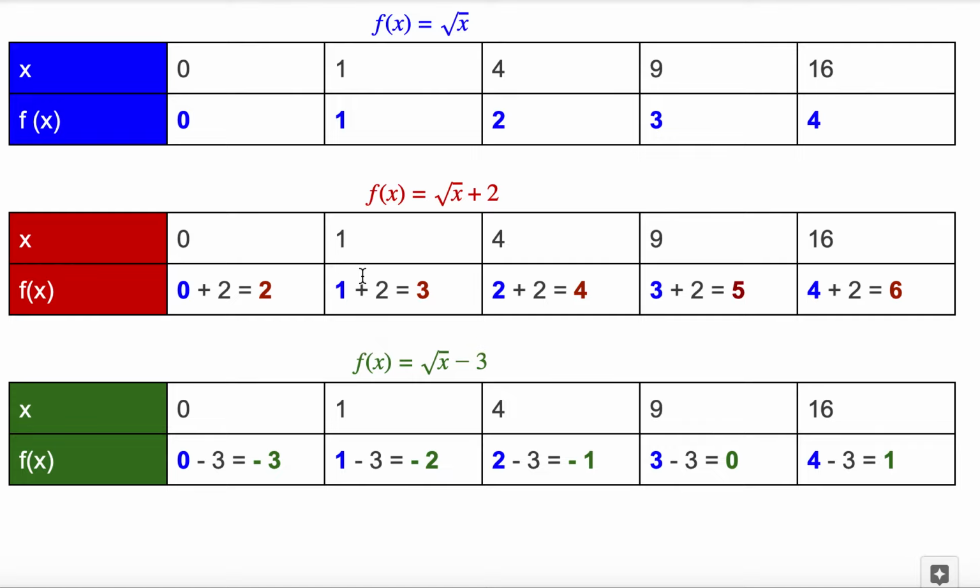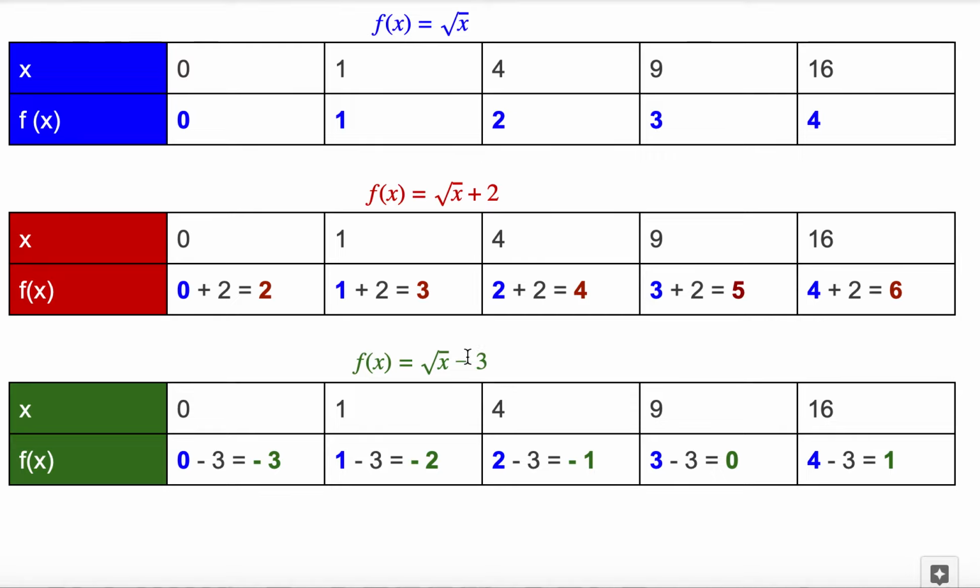And x is 1, f of x was happening here, here is 1, and 1 plus 2, this 2 here, is equal to 3. And in this point here, here is 2, plus the 2 units that this changes is 4. And going to the next point, 3 plus 2 units is equal to 5. And the other one here is 4, plus this 2 units vertically up is 6.